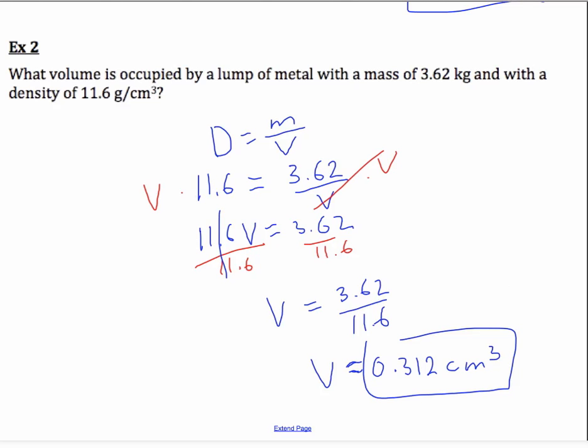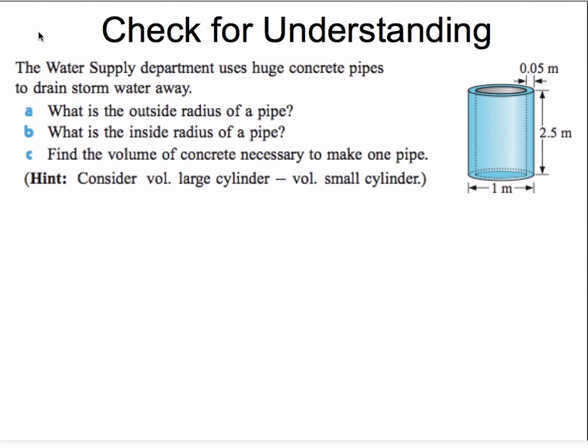Okay, and the next example, the water supply department uses huge concrete pipes to drain stormwater away. What is the outside radius of the pipe? What is the inside radius? Find the volume of the concrete necessary to make the pipe. So the outside radius, let's call it big R, looks like it's going to be just 0.5 meters, right?